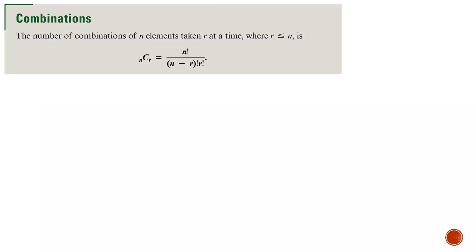It's n factorial divided by n minus r factorial. That's what I had for permutations. The new factor is this r right here.